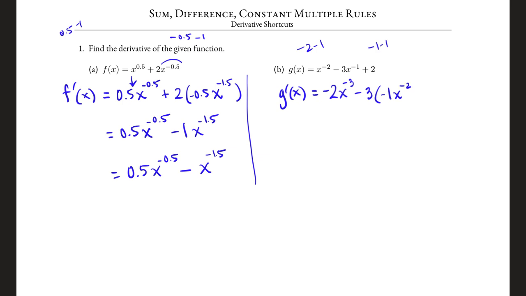Negative 1 minus 1 is negative 2. Plus the derivative of 2, which is now a constant, not a constant multiple, but a constant. The derivative of a constant is 0. Then we simplify this: negative 2x to the negative 3. Negative 3 times negative 1 is positive 3, x to the negative 2.